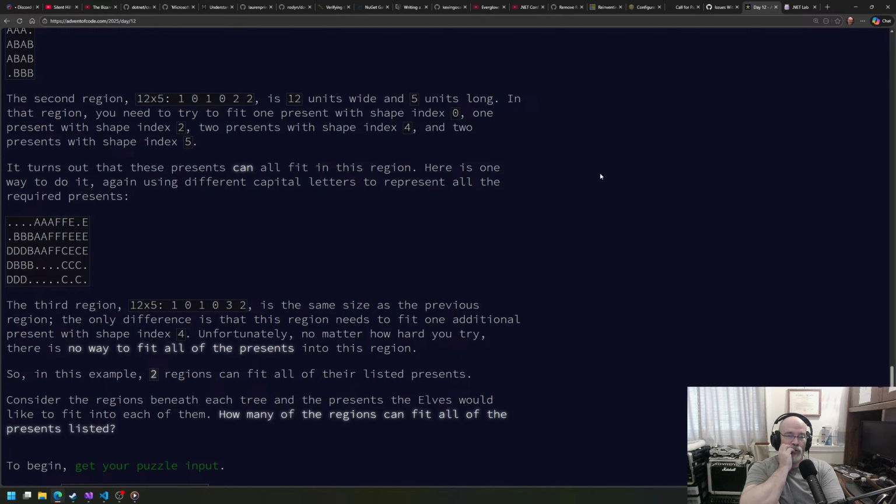I have no clue how you would solve this in a short amount of time. I am completely lost. I mean, I get the problem. I understand what they're saying the problem is. Trying to do that programmatically, I have no clue. None off the top of my head.